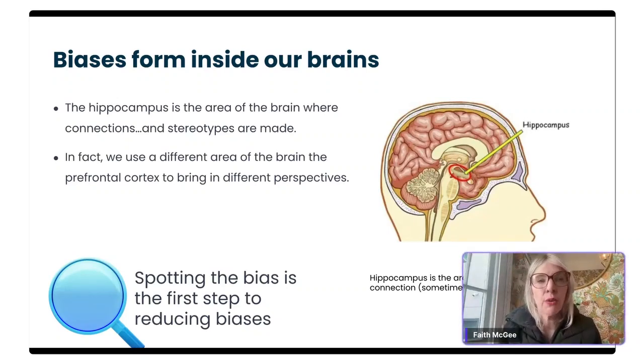And I'm going to give you a quick trick. If you want to activate parts of your brain, you're able to do that. Any type of meditation will start to activate that prefrontal cortex and can help you mitigate biases.